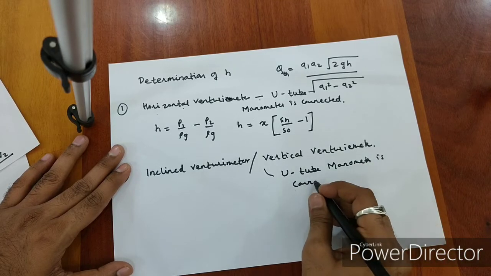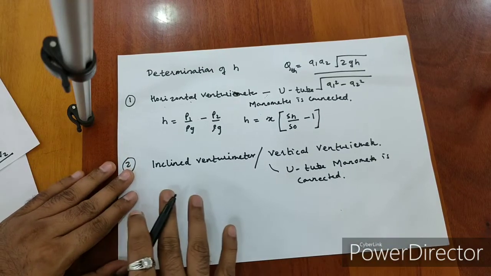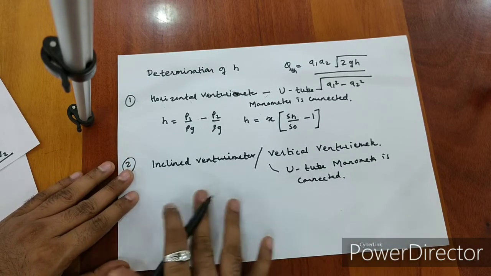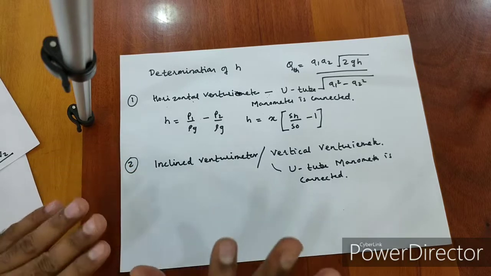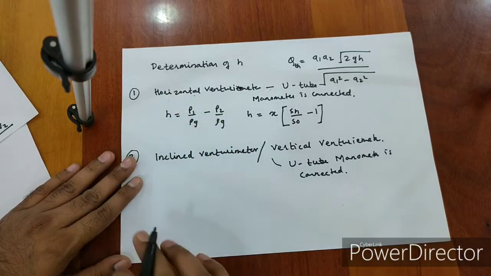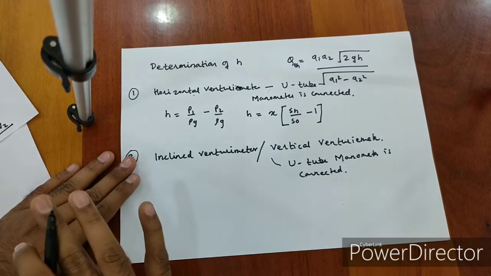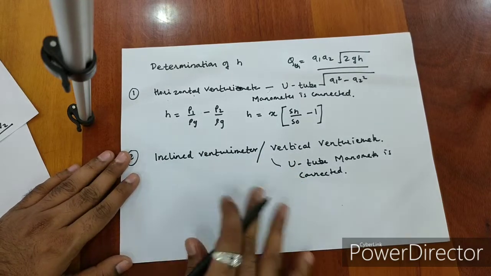I told you in the derivation that in case of inclined or vertical Venturimeter, Z1 is not equal to Z2. In case of horizontal Venturimeter, Z1 is equal to Z2, so it was cancelled in the process of derivation, but here it will come.